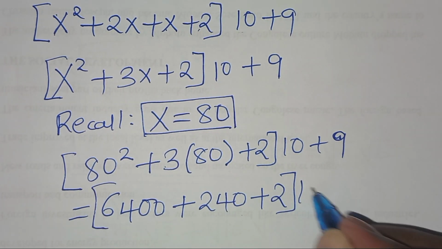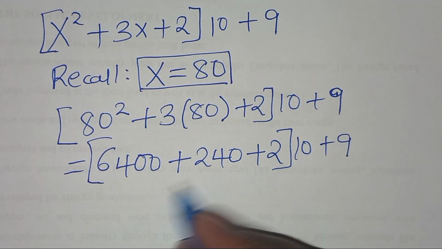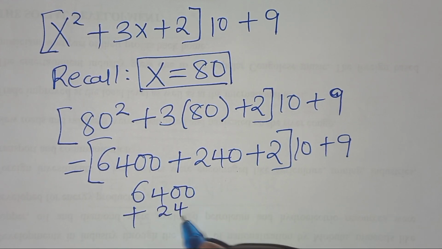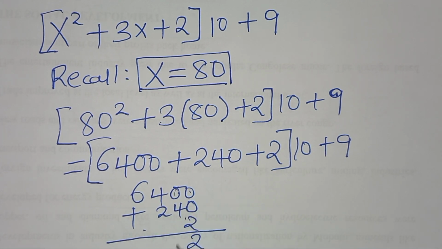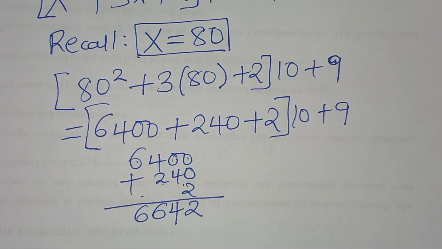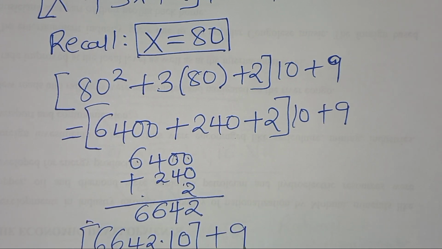Now everything here multiplying by 10, then plus 9. So this is the same thing as 6400 plus 240, then plus 2. Here 0 plus 4, this is 4. 4 plus 2, this is 6. Then we drop this 6 here. So now we have 6642 multiplying by 10, then plus 9.